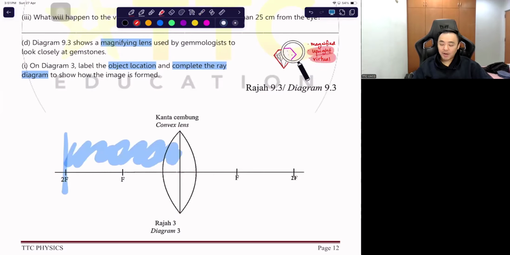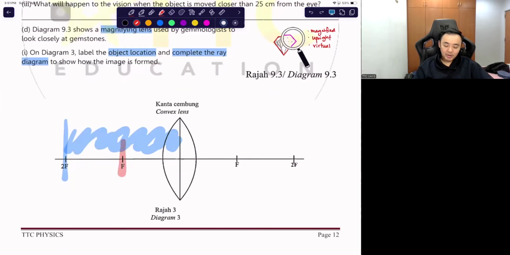Where do I get upright virtual? Where do we get a virtual image? You take the F as reference, right? So where do you put it? You should put it around here, right? So which two regions overlap each other? Is this part here, right or not? So that means you need to put your object located here.